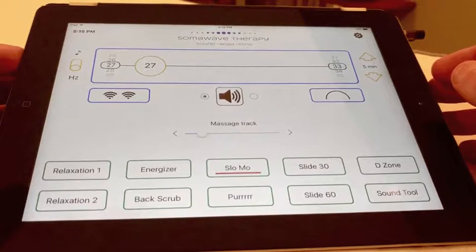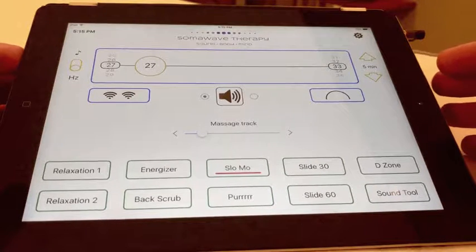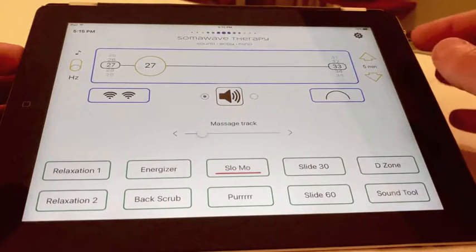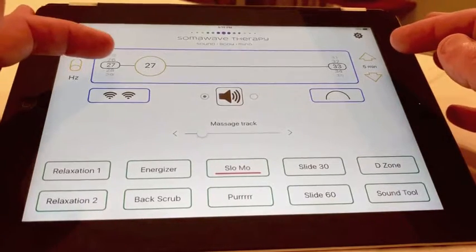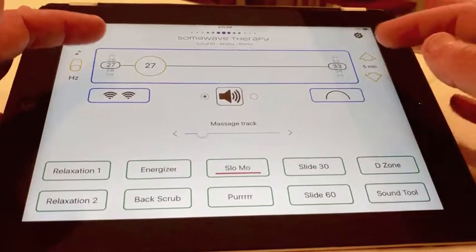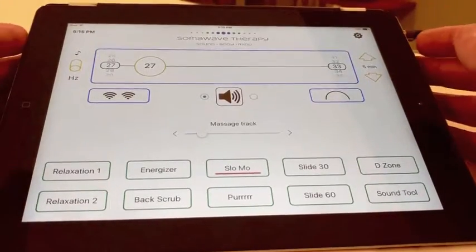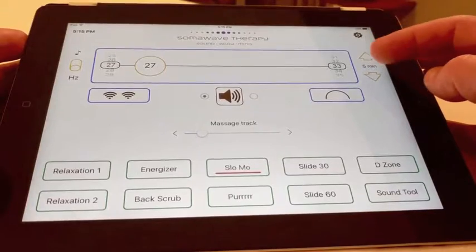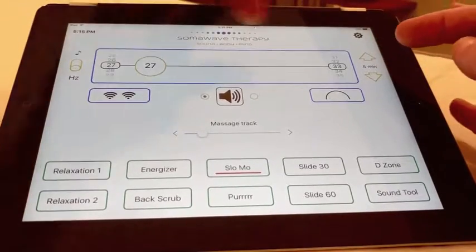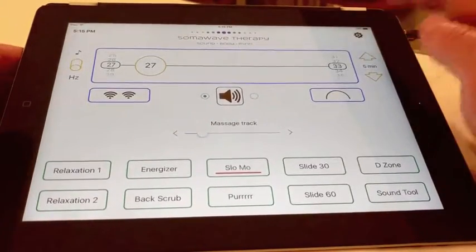I really like this one. Let's take a look. The low point is 27 to 33, so it's a really narrow range. It's slower: 5 minutes, 2.5 minutes up, 2.5 minutes down.